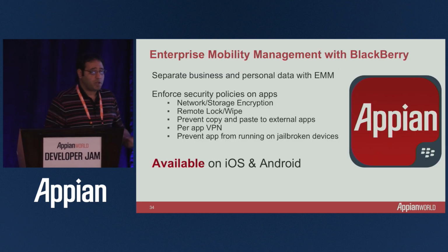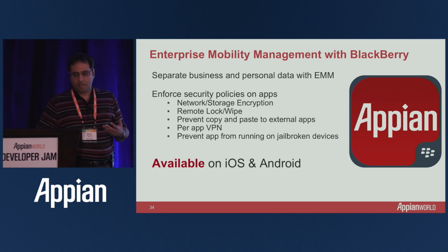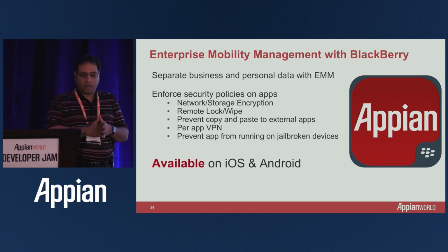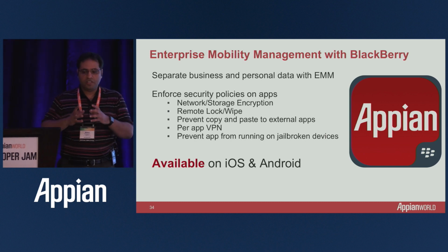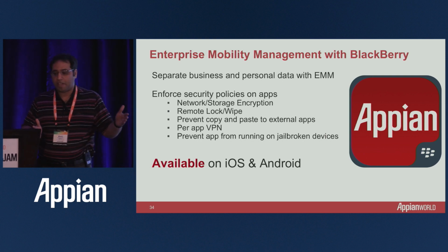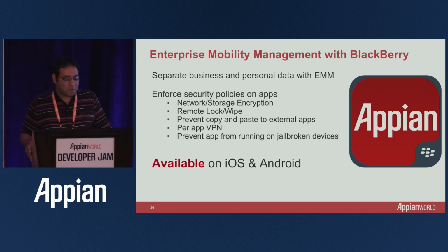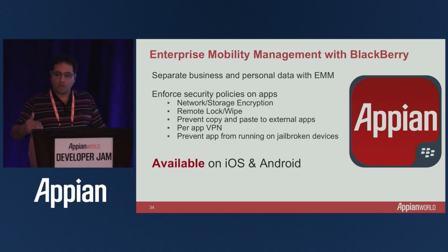So you can do this with enterprise mobility management. The idea here is that you segregate. Instead of controlling everything about the device and locking it down, you control just the applications that your enterprise uses, and you segregate them from the personal applications, for example, my son's Pokemon Go. Then you enforce the policies on just your applications.